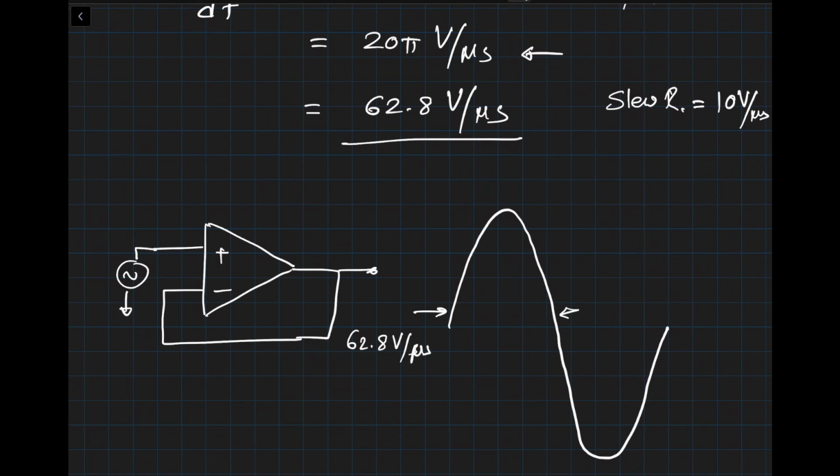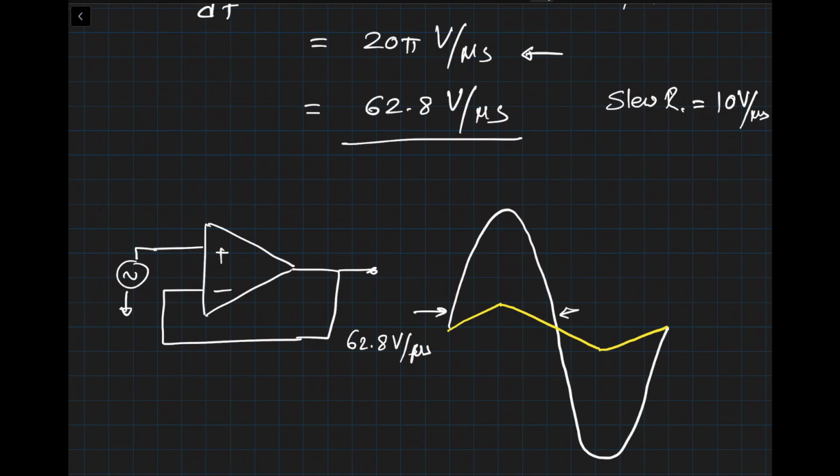Unfortunately, our op-amp is slewing, so it cannot give you that kind of rate of change. So the op-amp output is going to look something like this maybe, and it would start slewing back, and it will not even look linear.